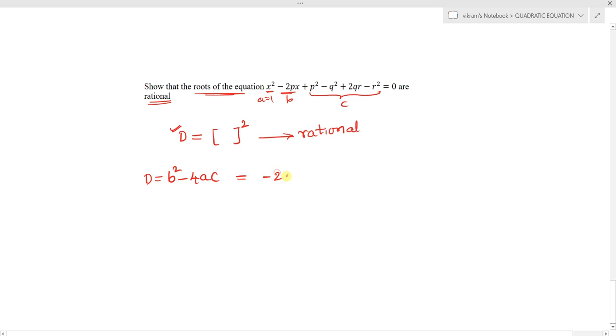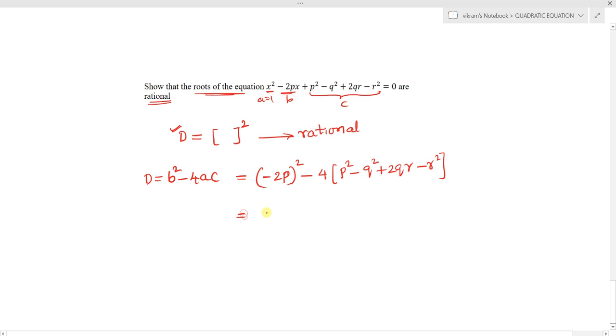What is b? Minus 2p whole square minus 4 into a, which is 1, into c: p square minus q square plus 2qr minus r square, minus r square.